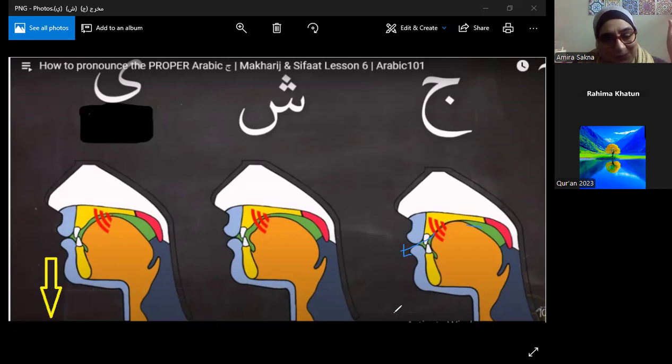Okay? Aj. Okay? This is regarding G. Regarding the sound, the sound cannot run. The articulation point is closed, so it's tight, harfun shadid. Regarding the air, no, there is not a lot of air.